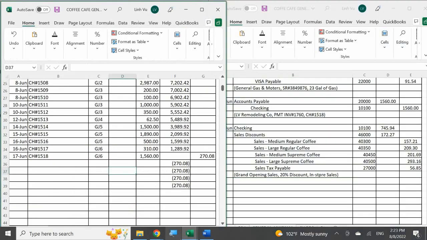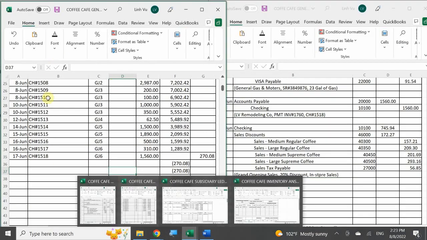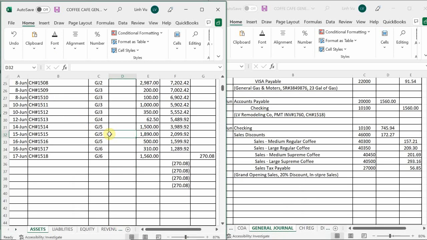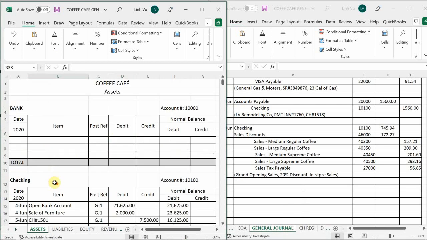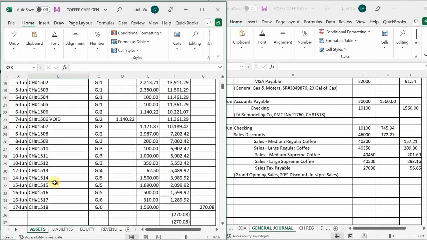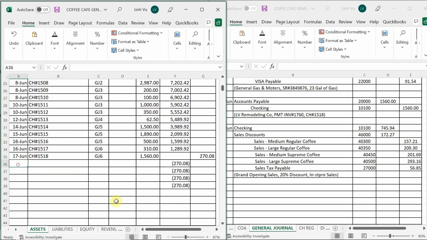Okay? So here we are in the ledger. First thing that I'm going to do is we are in our checking account. Date, deposit. You could do deposit or in-store sales.